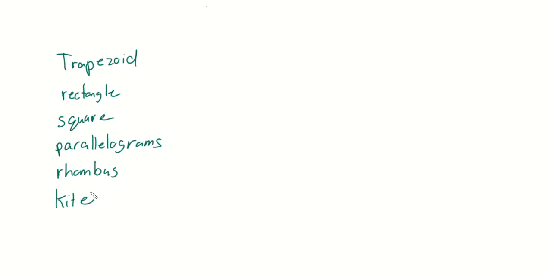Okay. Tell me anything about any of these shapes. Lily, you first. Pick a shape. Tell me something about it. Okay, so we have two pairs of opposite sides that are parallel and congruent. Thank you, Lily. Vincent, tell me something else about any of these shapes.